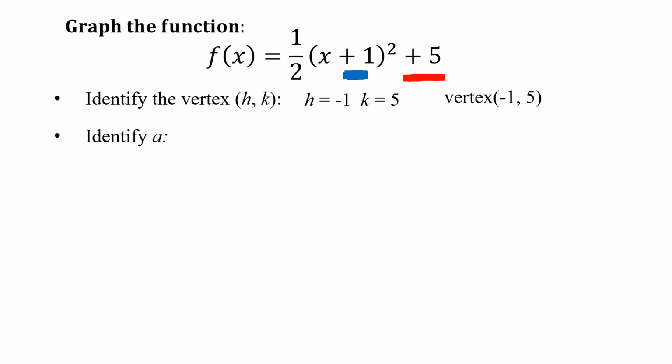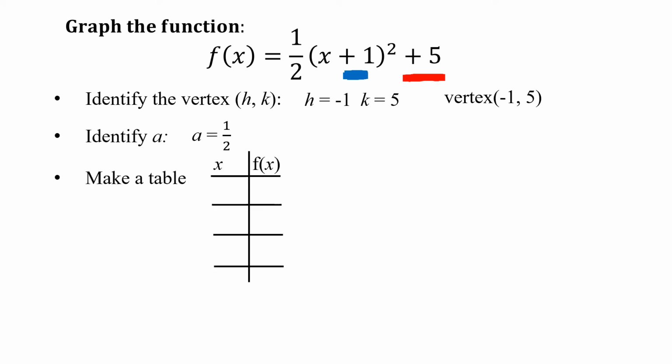Now we want to identify a. A is equal to 1/2. But remember, we can change 1/2 to 0.5 and use that as a decimal. Now let's set up our table where the vertex is in the middle. We want an x value 1 unit above -1, which is 0, and 1 unit below -1, which is -2.